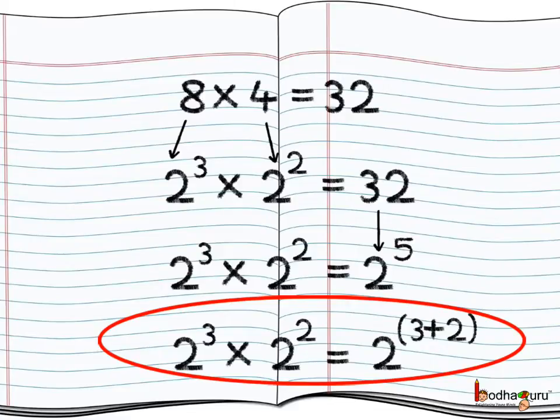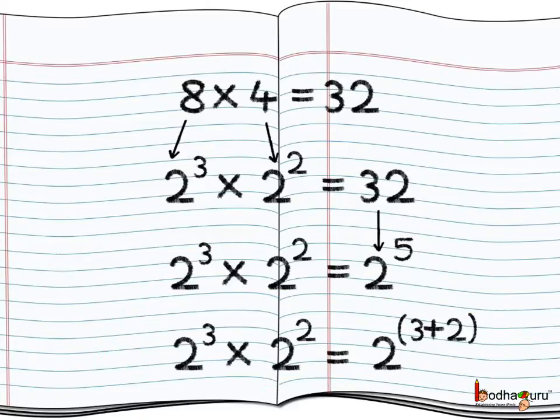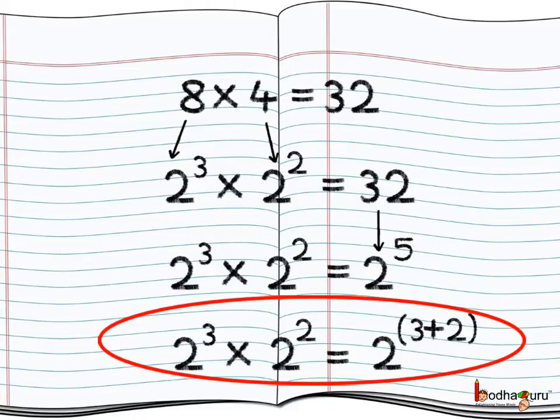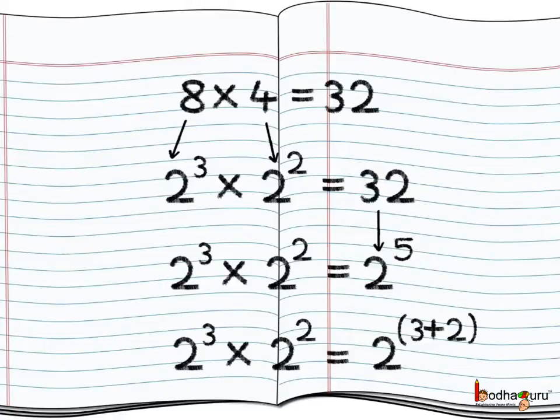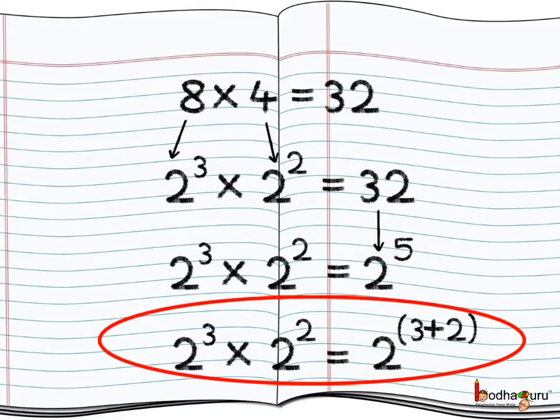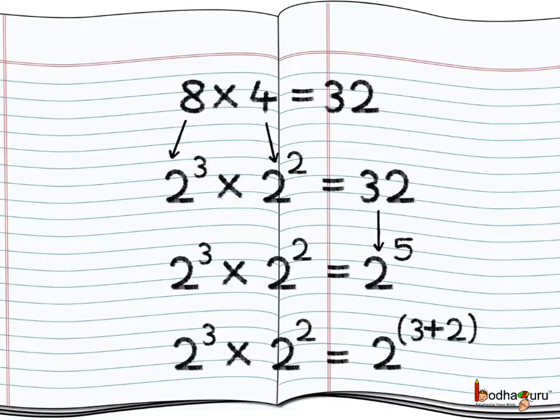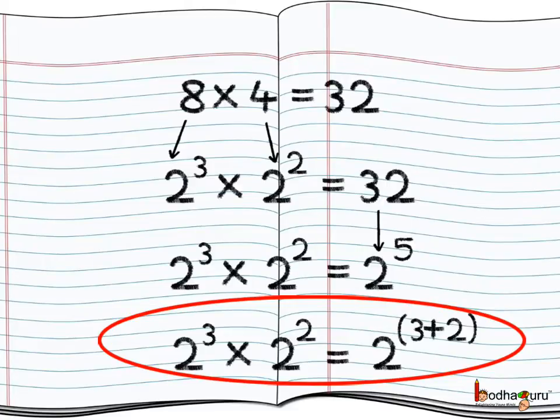What can we say? We can say when we multiply two numbers with the same base, we can simply add the powers to get the result. Hence, 2 to the power 3 multiplied by 2 to the power 2 is equal to 2 to the power 3 plus 2, which is equal to 2 to the power 5.